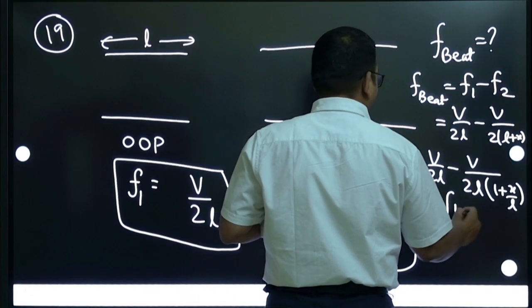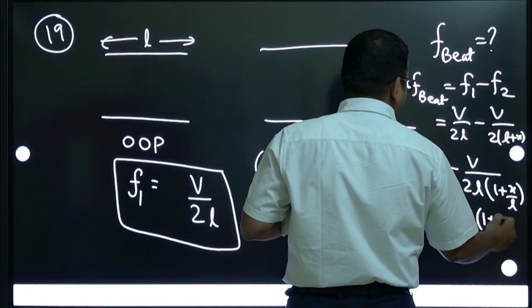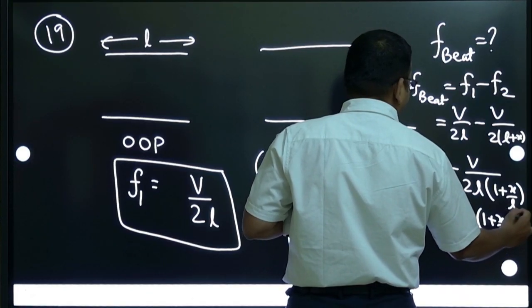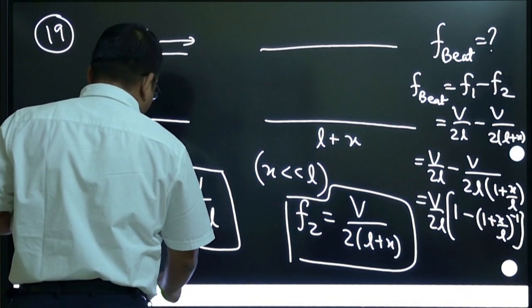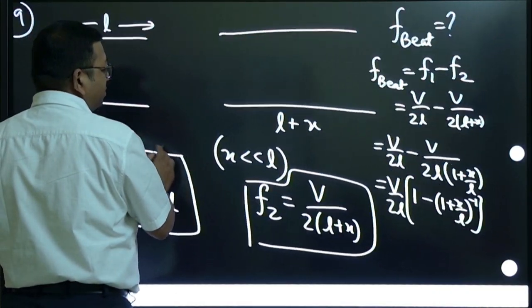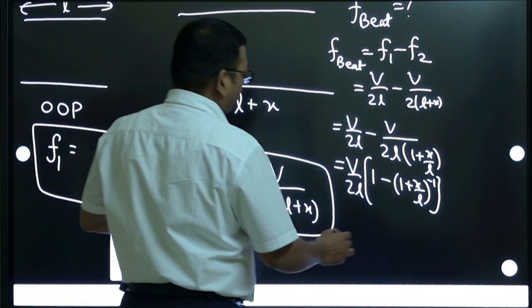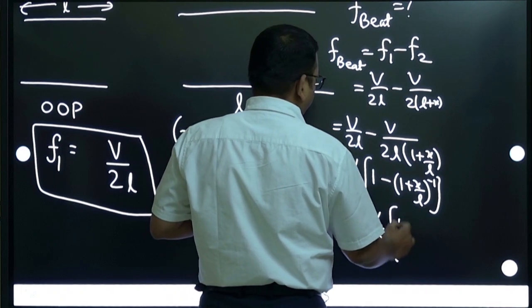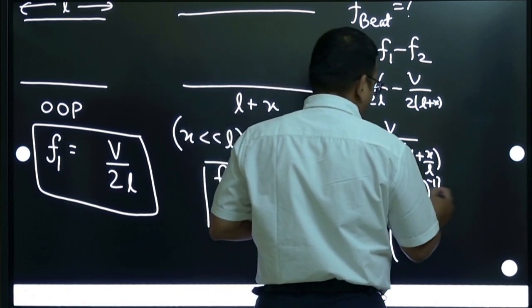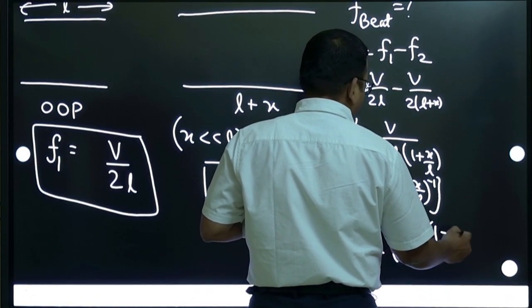This will become 1 minus 1 by this factor, which can be written as 1 plus X by L to the power minus 1. And using binomial expansion, you expand this because X is very small compared to L. Apply the binomial expansion now. So V by 2L into 1 minus, apply this, so this will become minus X by L.